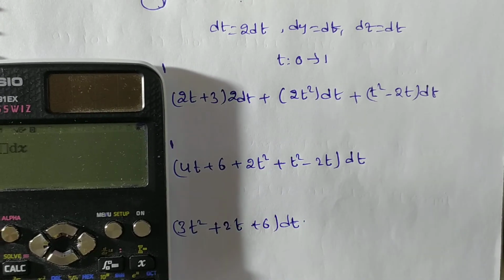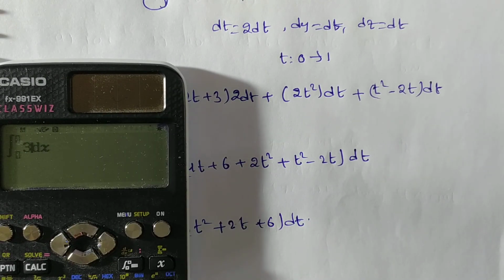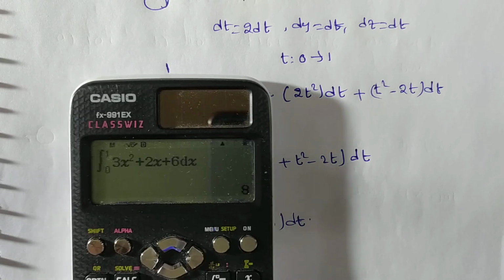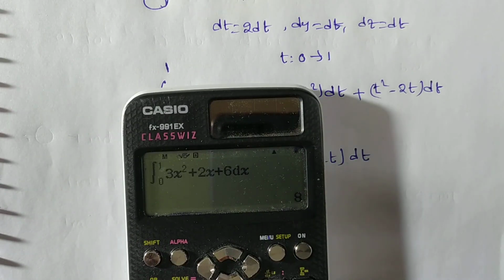You see, that is 3x square plus 2x plus 6. Now the remaining is limits from 0 to 1. So if you press the equal button, then you will have the answer 8. So if this problem is given in an objective type exam, then use the calculator and directly you can get the solution.